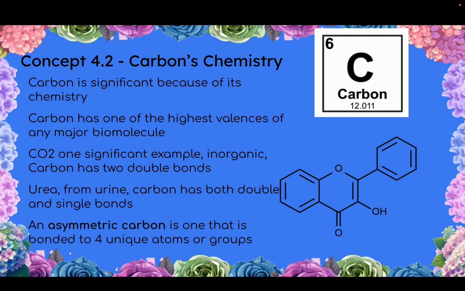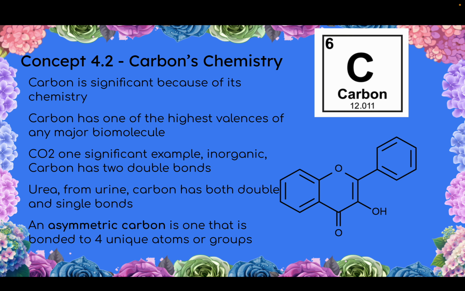Carbon dioxide is one significant example. It's CO2, so thinking back to our chemistry lessons, that means it has a carbon with 2 double bonds, one with each oxygen. Urea is also a good example. Urea is what is inside urine.